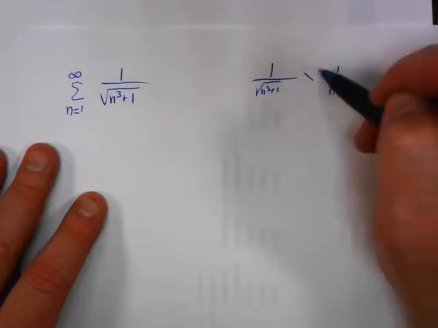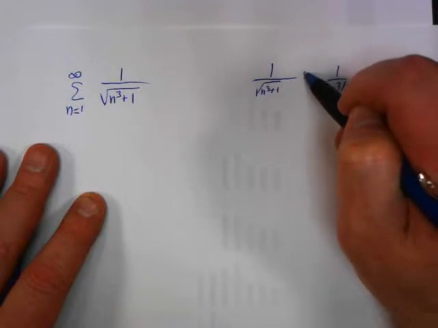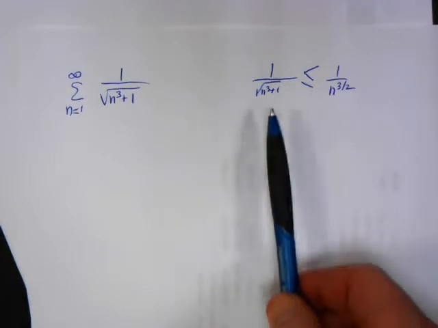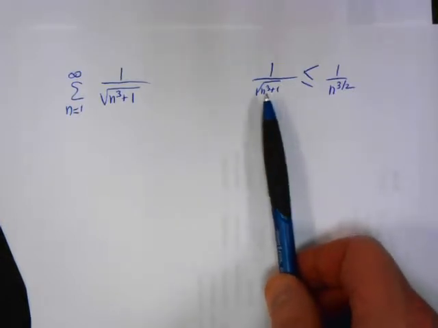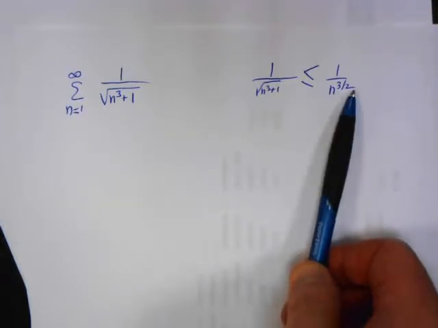Which way do I want my inequality to go? Less than. Why do I want it to be less than? Because I'm guessing that this converges. If I'm guessing that this converges, I need it to be smaller than something that converges.